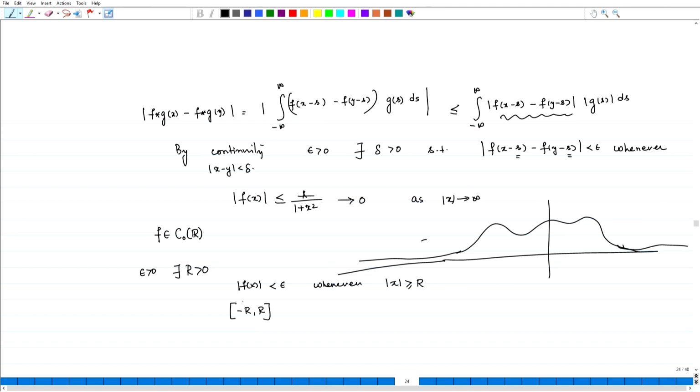So, f is continuous, hence if I look at f as a map from minus r to r, then this restriction will be uniformly continuous.